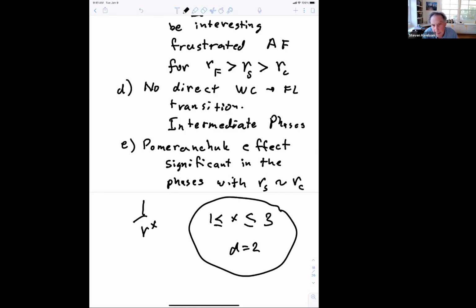go through a state that breaks translational symmetry, possibly on some long length scale. Not necessarily. What I can show is suggestive of that, but it doesn't prove it.